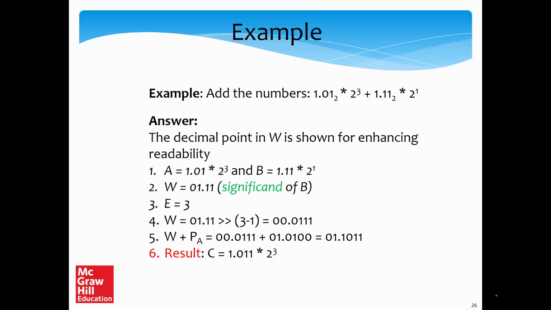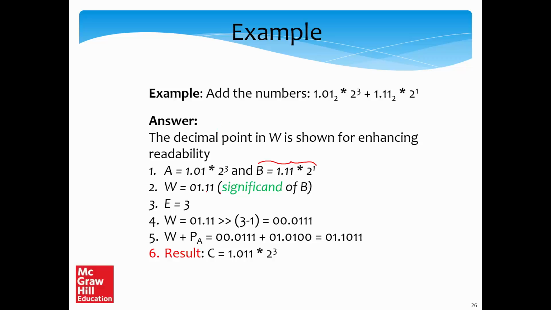Let's set A as 1.01 times 2 cube, and B as 1.11 times 2 raised to the power 1. So the exponent in A is greater than the exponent of B. Also, for readability, let's not use the bias notation for E. Instead, let's assume that E is stored as is, even though in hardware that's not the case.